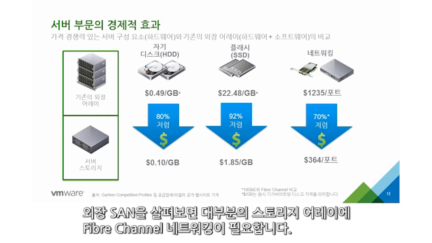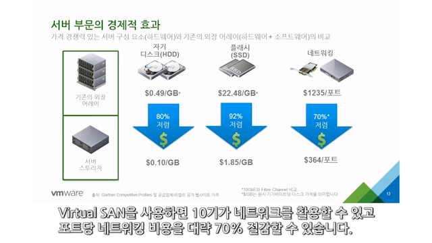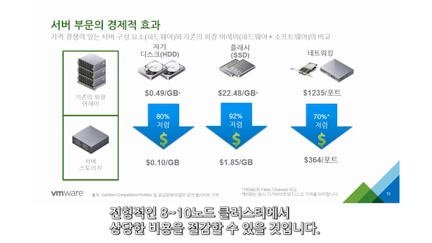If you look at external SANs today, most storage arrays require Fibre Channel networking, which with a switch and Fibre Channel NIC costs around $12.35 for every port. With vSAN, you can take advantage of a 10 gig network and save about 70% in your networking costs per port. So just imagine how all of these different component costs will add up to a lot of savings on a typical 8 to 10 node cluster.